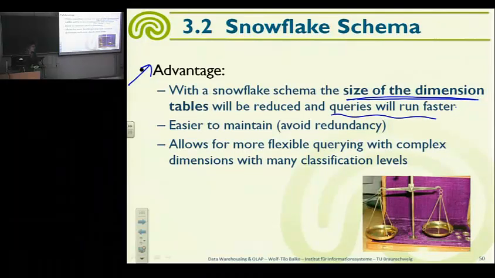Of course, since you're normalizing, you're avoiding redundancy, which was one of the major goals in databases. That's not really needed in a data warehouse because we're doing a lot of reads anyway, so we won't have a lot of updates. However, the idea here is that we want to run the queries fast.